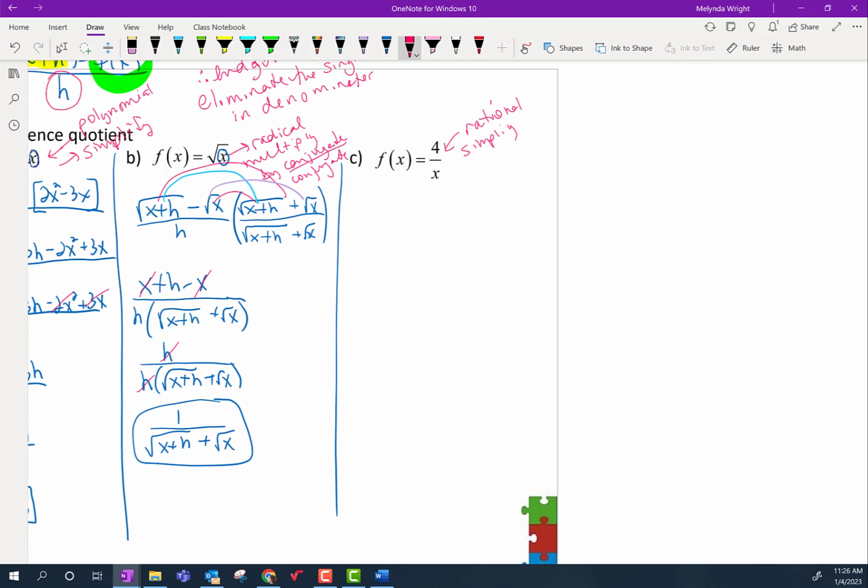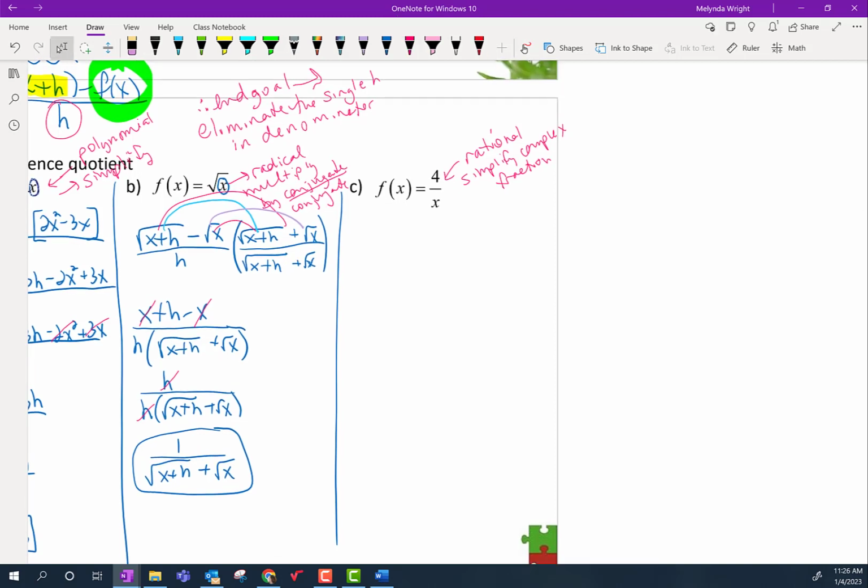That's how we fix these guys. Simplify the complex fraction. That's how we're going to do our end goal, which is getting rid of the h in the bottom.